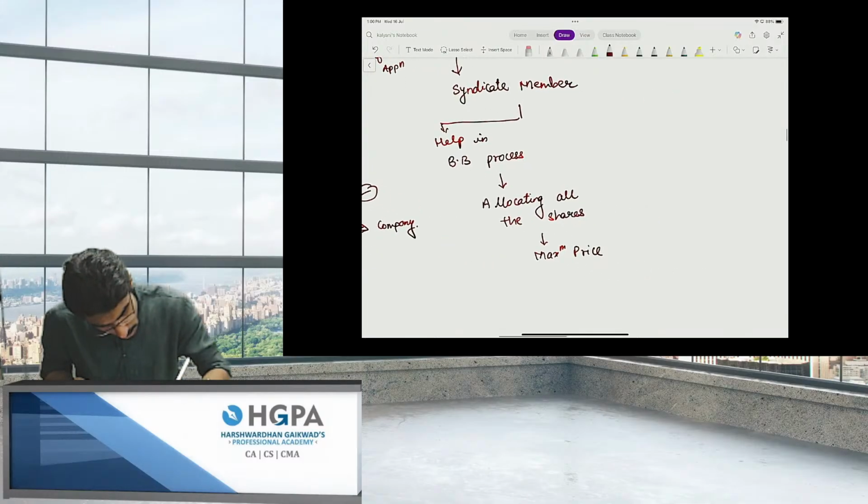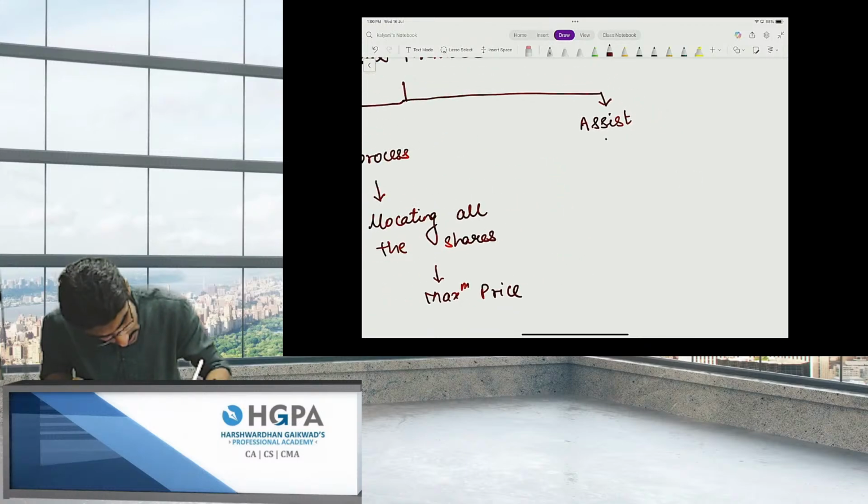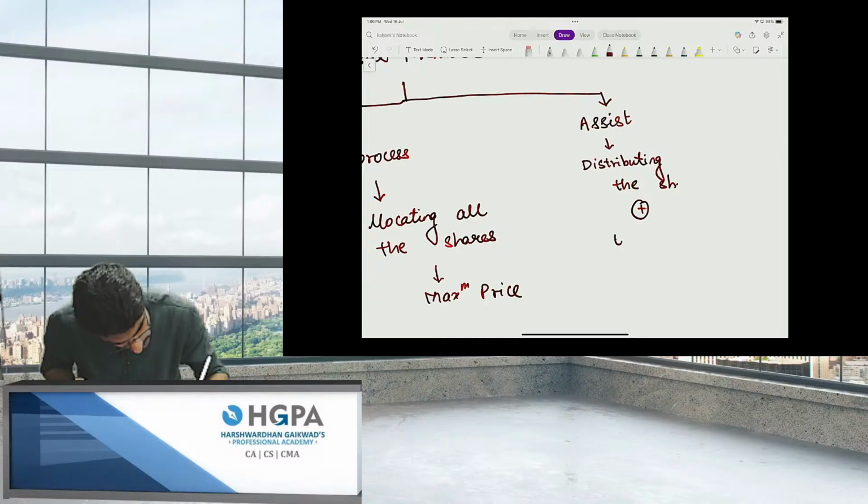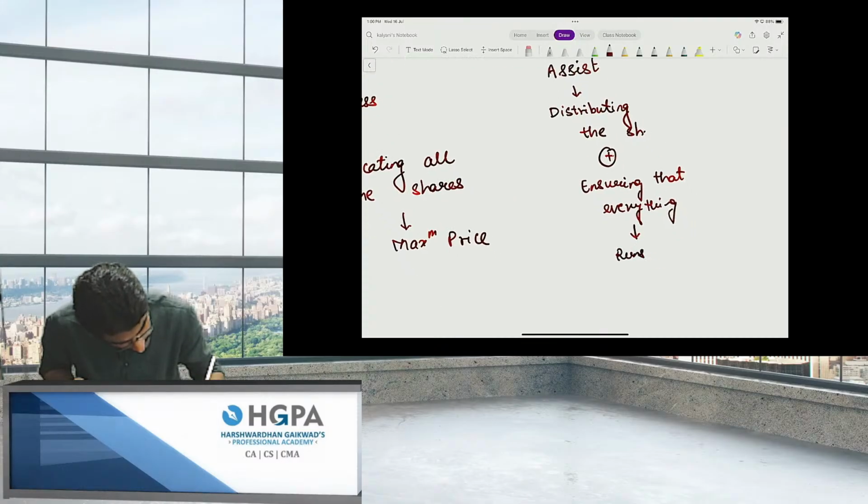Number two, they assist in distributing the shares plus ensuring that everything runs smoothly.